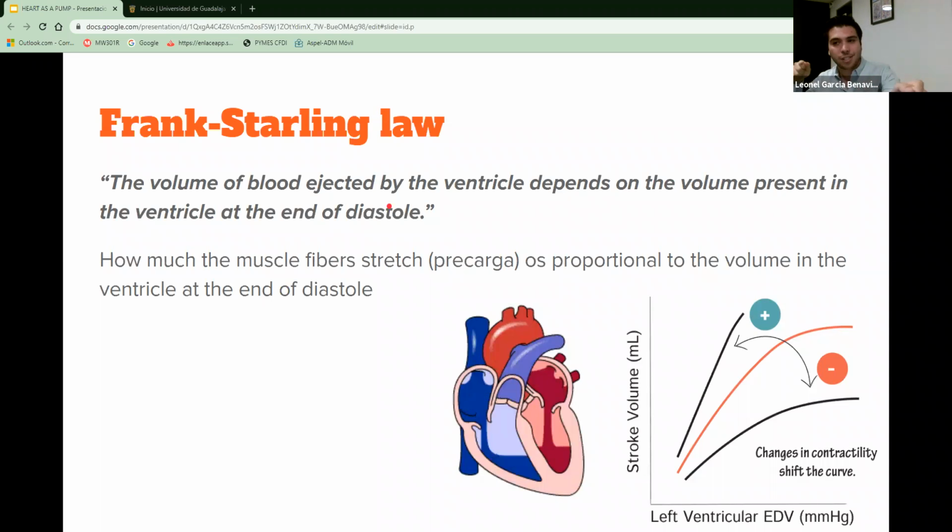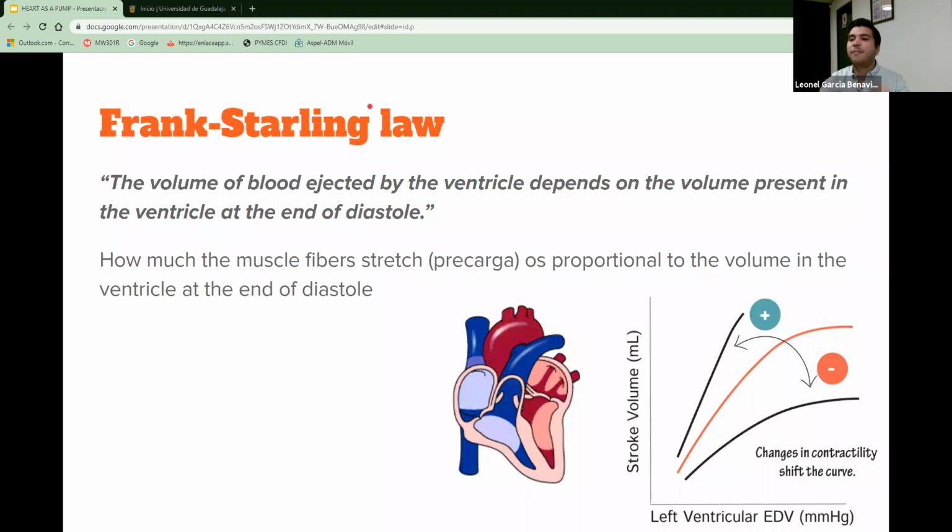However, if you stretch the slingshot to the highest point, then the rock you throw can fly a long distance and with a lot of power. The same thing happens with muscle fibers. If muscle fibers are stretched more during the preload, they're gonna contract even stronger.